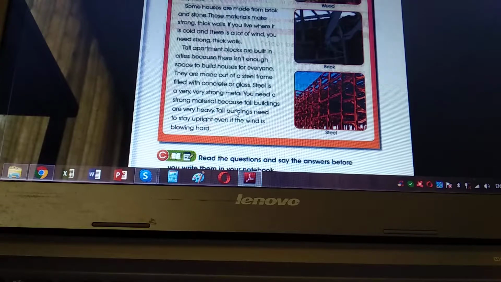Alright, so in the city we have a lot of people staying there. That's the thing. That's why houses are made upright. Upright means the houses are built as tall as possible to minimize the space inside the city.